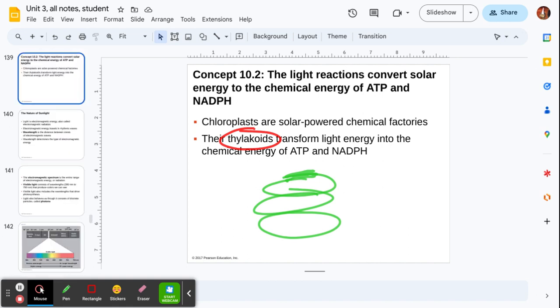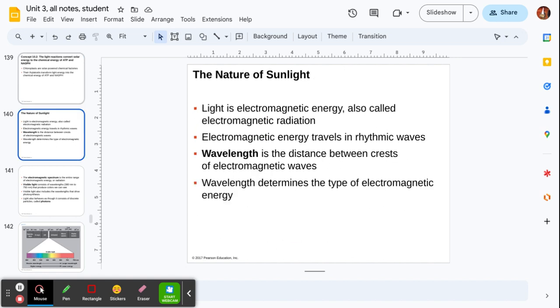Before we talk about that anymore, though, let's talk a little bit about properties of light. Light is an electromagnetic form of energy, and it travels in waves. It's actually particles traveling in waves.